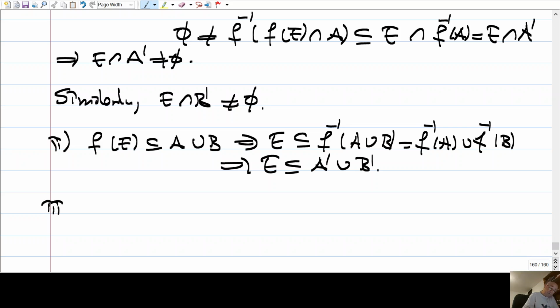And the third condition, that f of E intersection A intersection B is empty, would give us what?